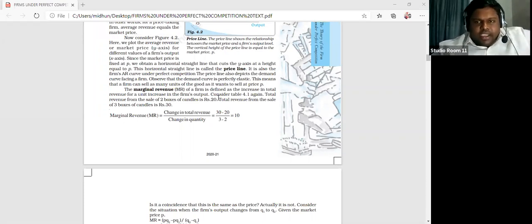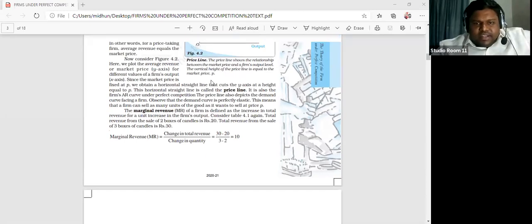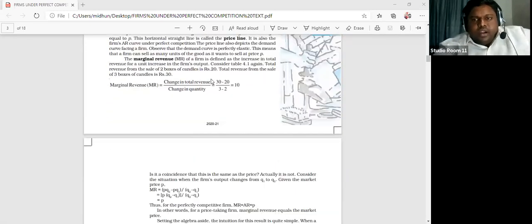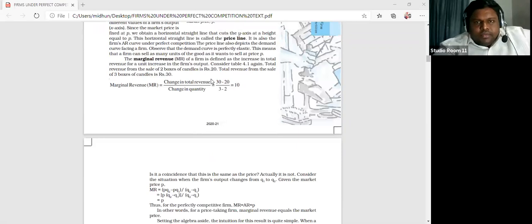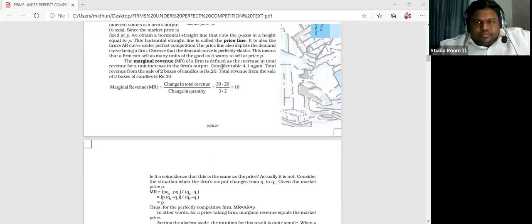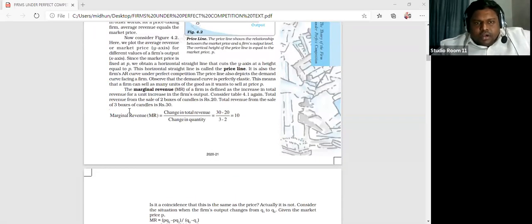Again go to table number 4.1. You can see the total revenue there. Total revenue from the sale of 2 boxes of candles is equal to 20. Total revenue from the sale of 3 boxes of candles is equal to 30. We already observed that in table 4.1. So marginal revenue MR is equal to change in the total revenue divided by the change in the quantity.